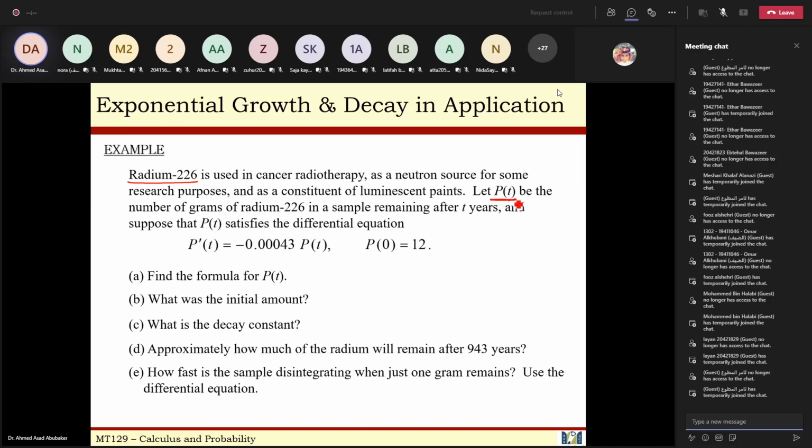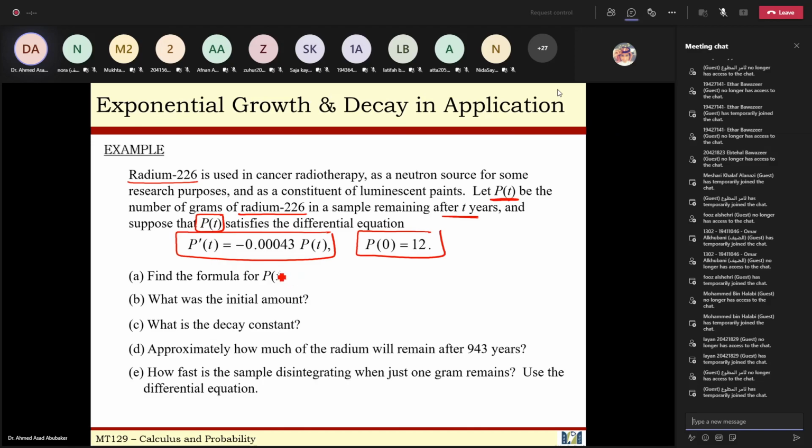Let B of T be the number of grams of radium in the sample after T years, and suppose that B of T satisfies this equation and B0 equals 12 grams. At time zero, in year zero, the sample has 12 grams. Find the formula B of T.